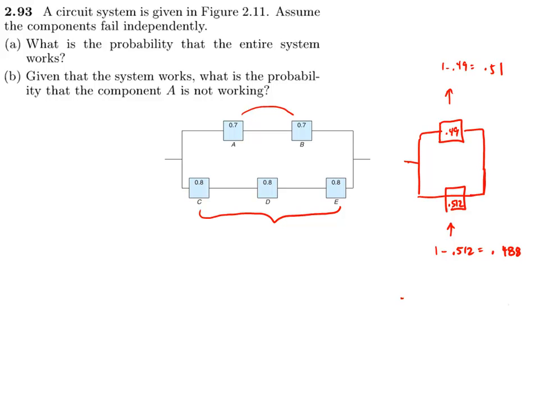So how do you find the probability that the entire system will work? Again, the components are independent, so you do the same thing that you did for the components that were in series.